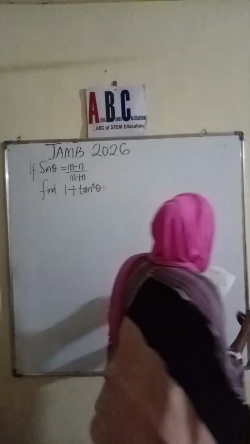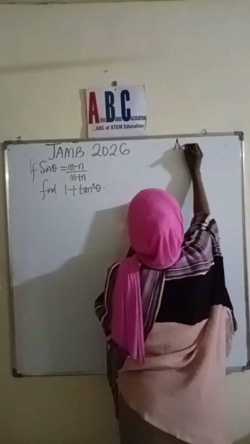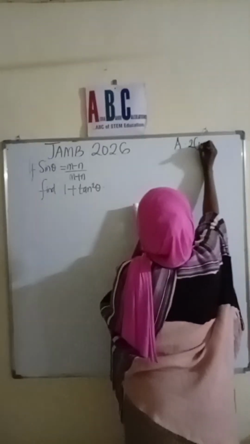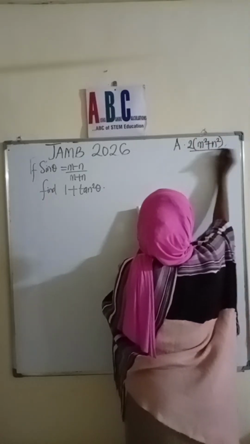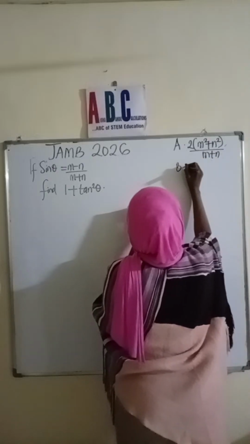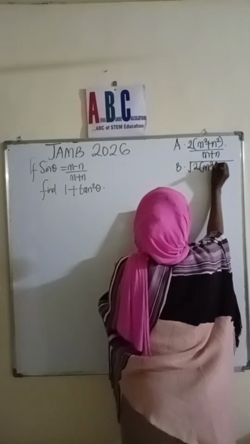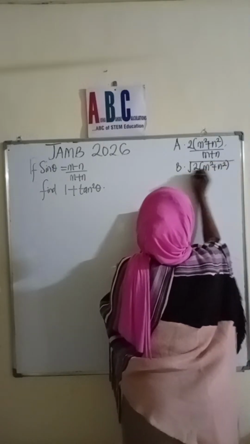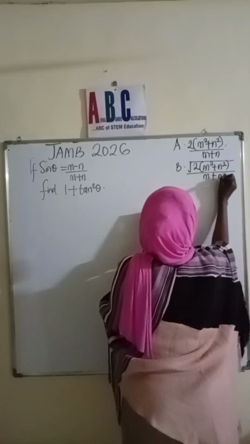These options are so tiring to write, they're long. Option A, 2 open bracket m square plus n square over m plus n. Option B, square root of 2 open bracket m square plus n square all over m plus n.